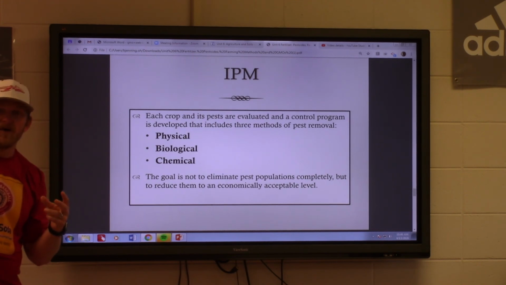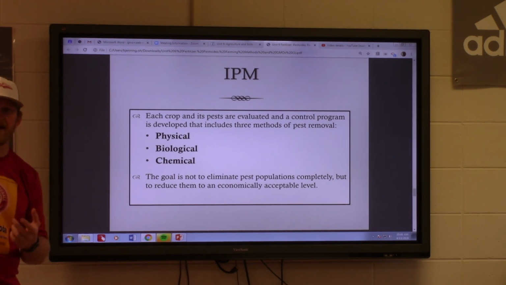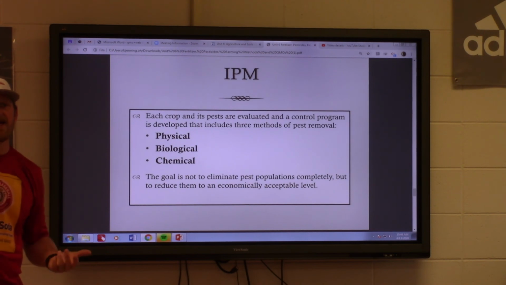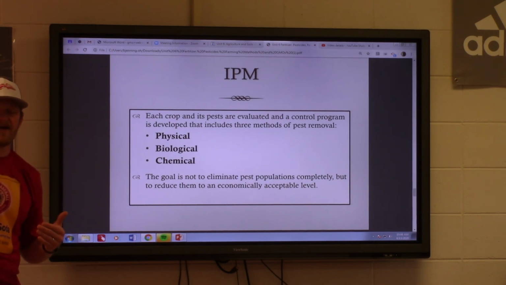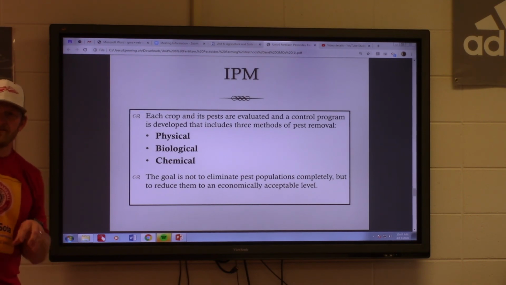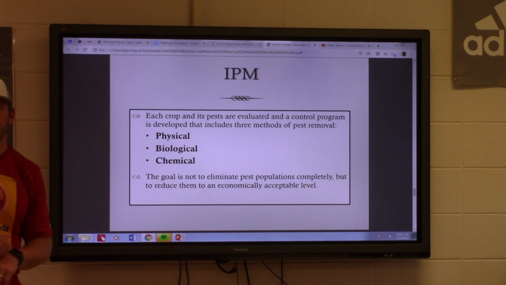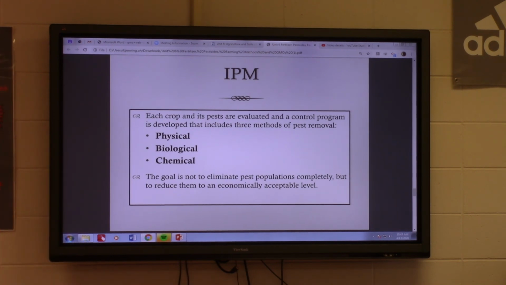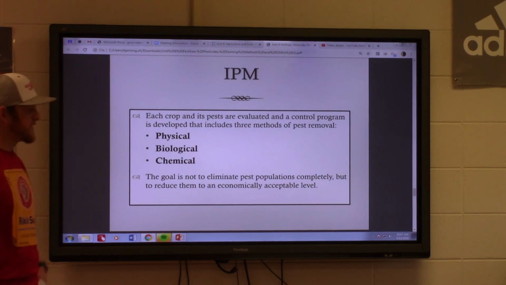In a lab somewhere, like at Monsanto, these seeds are created so the pests aren't going to mess with that plant, maybe because of some mechanism, like an aroma the animal may not like. And then chemical, where we spray certain types of chemicals on these plants to help with pest management.